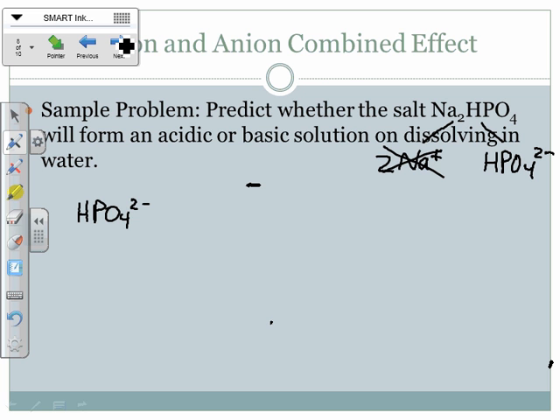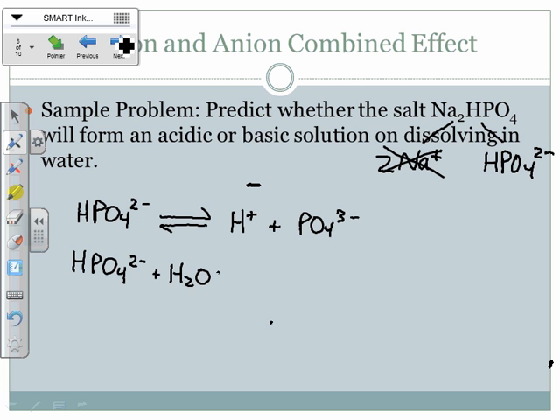It could either act as an acid to form H+ and PO4 3-, or it could act as a base and make H2PO4- and OH-, okay?